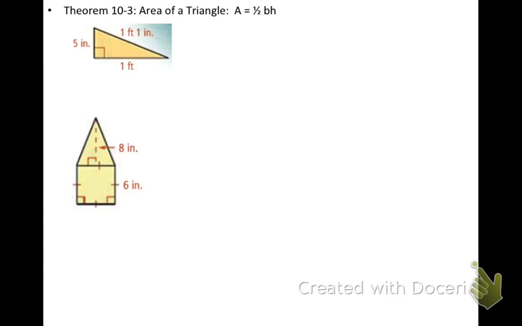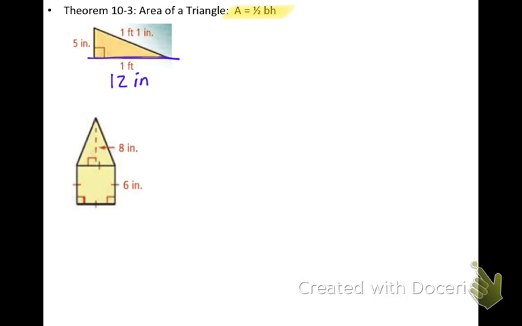Again, we have the area of a triangle here. My base and my height are still defined the same way. My base is one of the sides. My height is going to be perpendicular to it. So here, this is 12 inches, and my base, I can choose either one. It's either going to be my bottom or my left side.